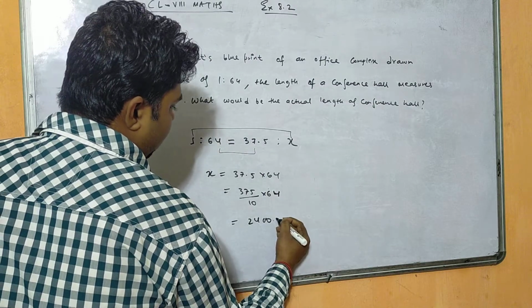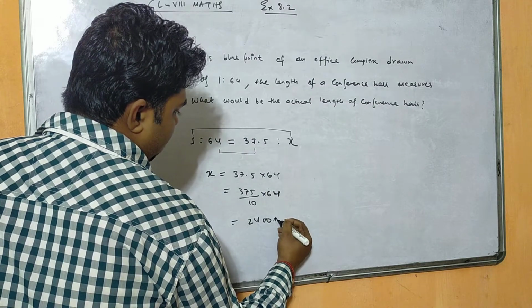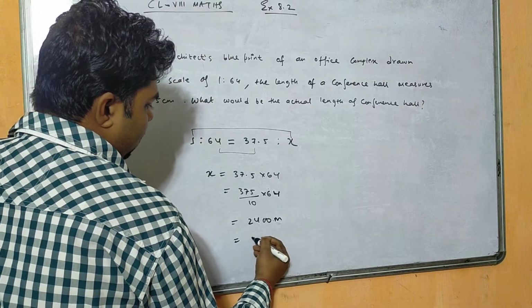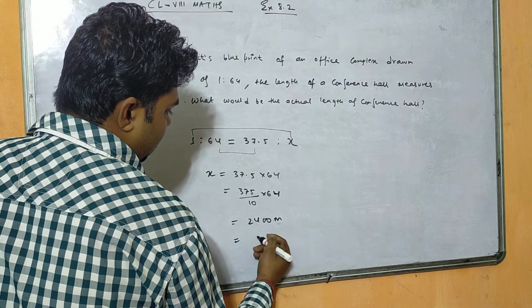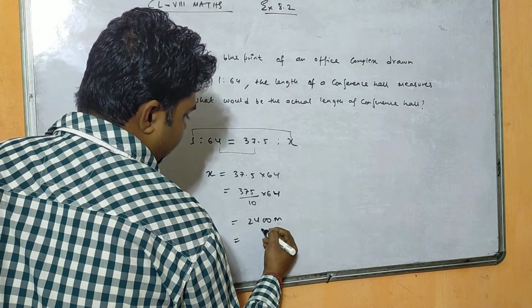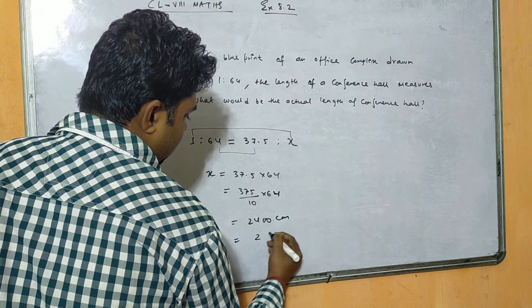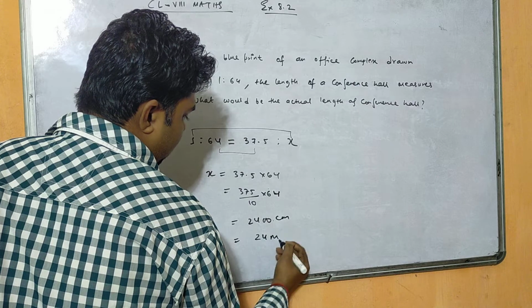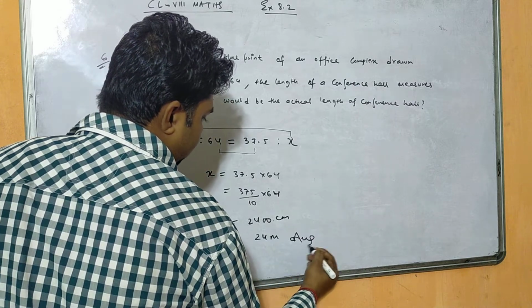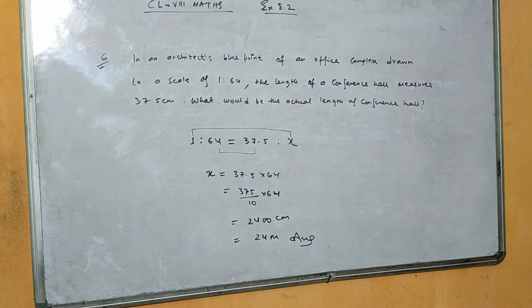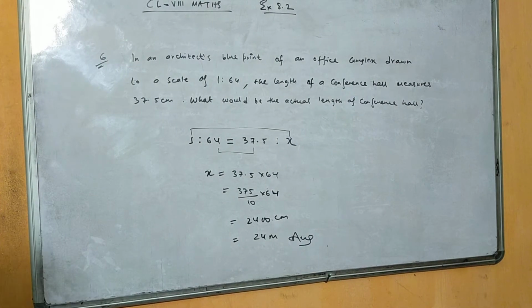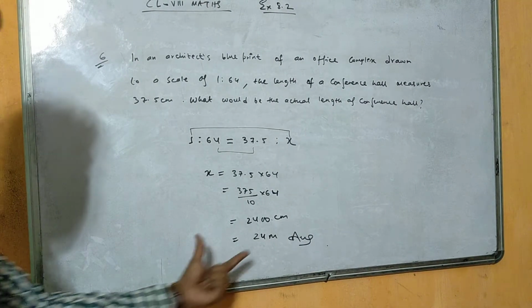So the unit was meter, so 100 meter you can write here as 24. You might have seen I directly got the value of this.